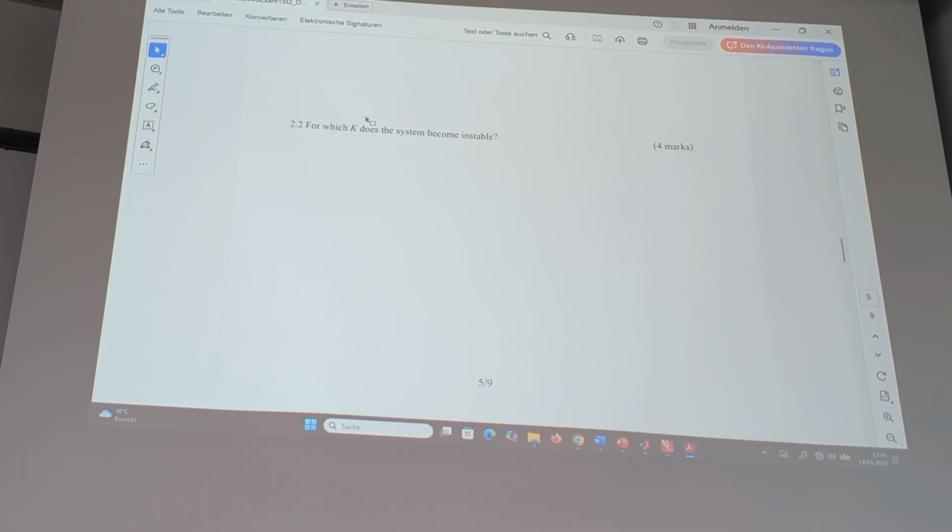So what is the condition that we have to write down in order to find the related k for the stability border? Yeah, phasor length equal to 1. Phasor length equal to 1, correct. And then solve for k. 4 marks.